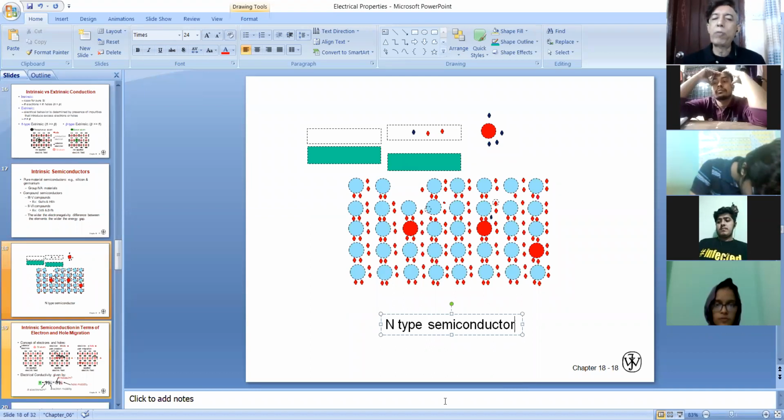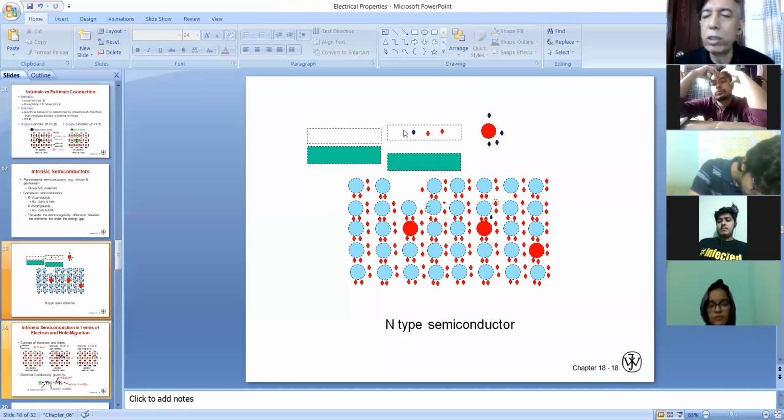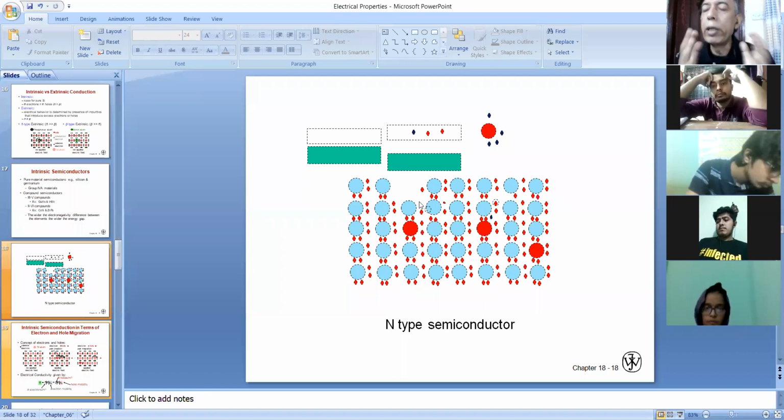Because the electrons are majority carrier. How are electrons majority carrier? Because there are 5 electrons in the conduction band and 2 holes in the valence band. Both are conducting electricity. Because the number of electrons is 5, the electron carries the majority of the electricity.